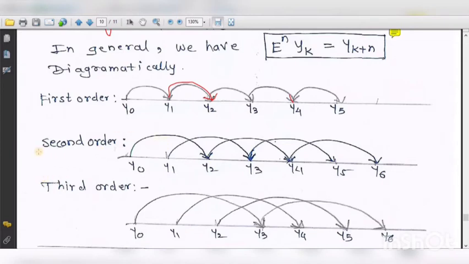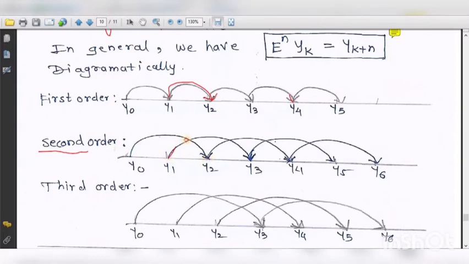Now when we consider the second order, it will shift to the next second value. y1 is the first value after y0 and y2 is the second value. So when we consider the second order, E of y0 goes to its second value, meaning it will skip the first one and go to the next value, that is y2.